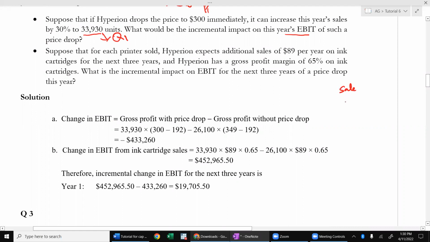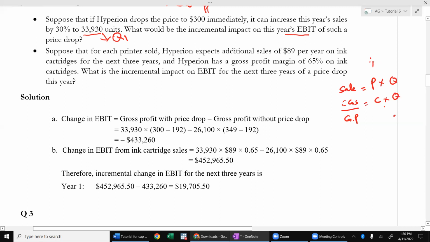If you see this information, you might get confused, but this question is like this: sales, CGS, gross profit, okay? So sale is equal to new sale minus old sale, new minus old, gross profit is new minus old, okay? So if I write it in the form of price and quantity, it is price into quantity, C into quantity.